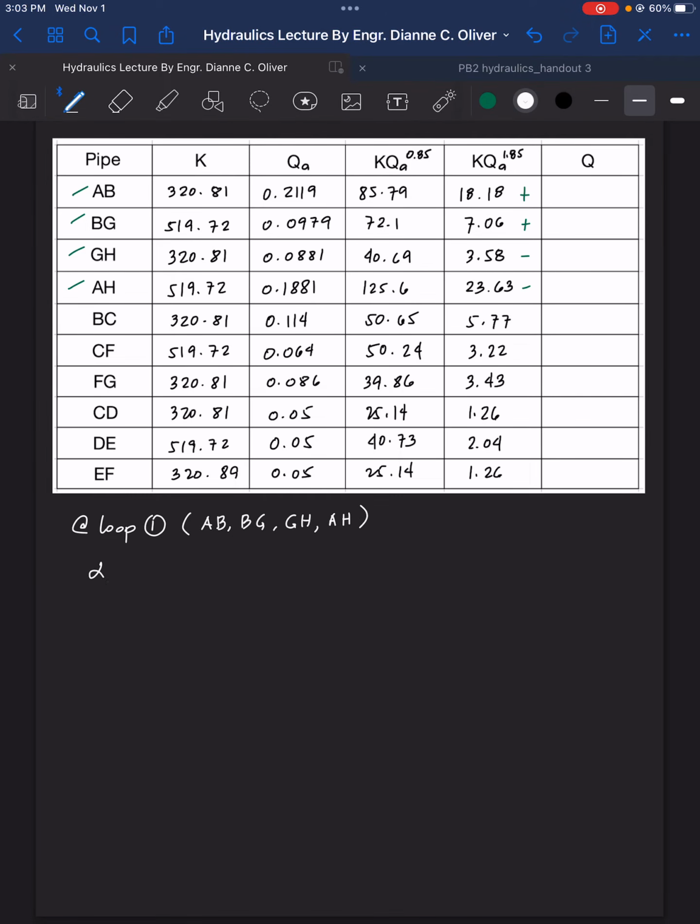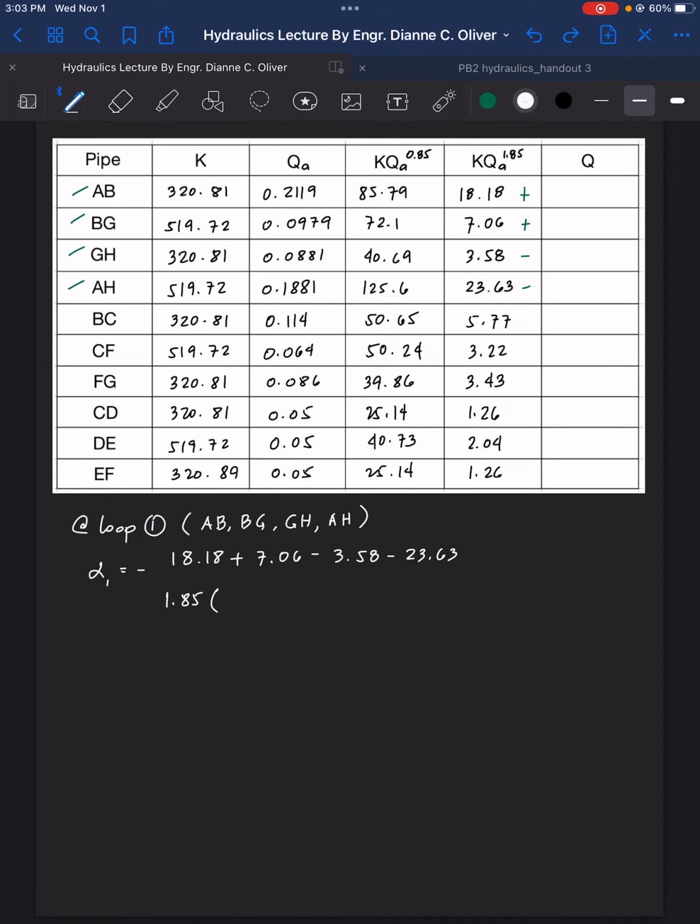So alpha 1 is equal to negative 18.18 plus 7.06 minus 3.58 minus 23.63. Then the denominator is 1.85 times the values here.